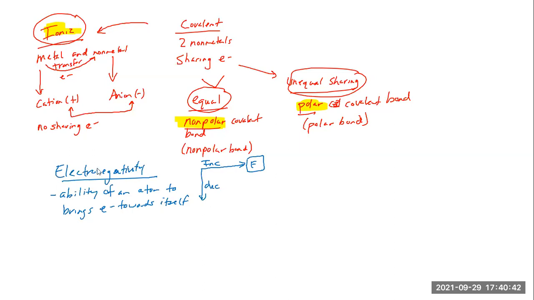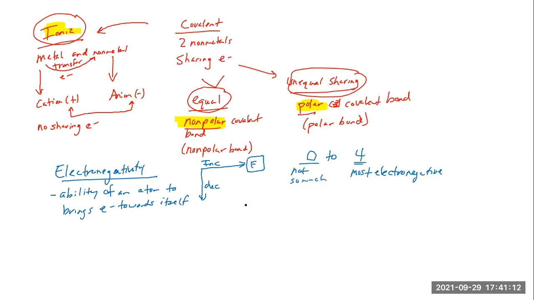We also saw towards the end that there was a value given for electronegativity that runs from 0 to 4. Remember that 4, which is what fluorine has, is the most electronegative you could have, and 0 obviously being not so much.